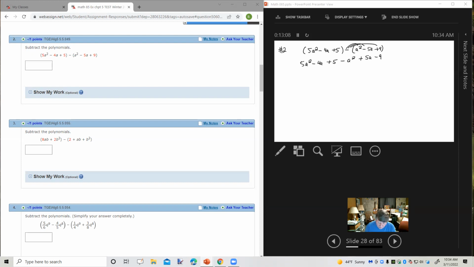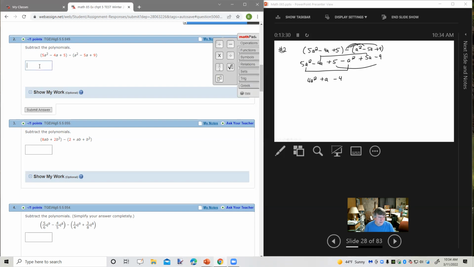Now that we've gotten rid of the grouping symbols, we can combine like terms. 5a squared minus 1a squared is 4a squared. Minus 4a plus 5a is plus 1a, and plus 5 minus 9 is minus 4. Just a reminder, if you put a 1 in front of the a, even though it's implied, WebAssign marks it wrong. So be careful with that.